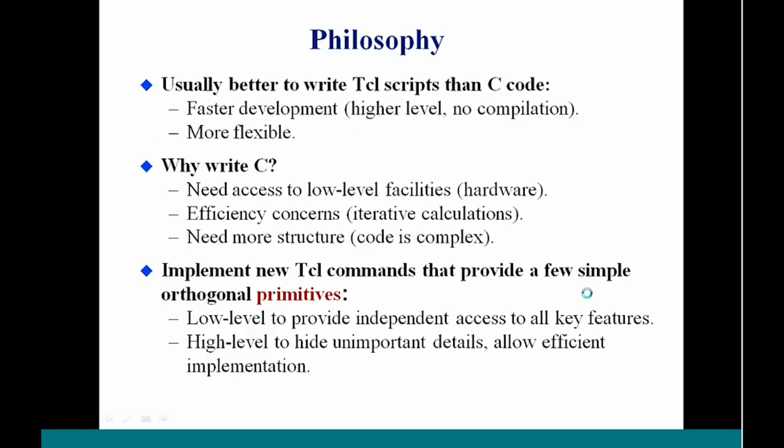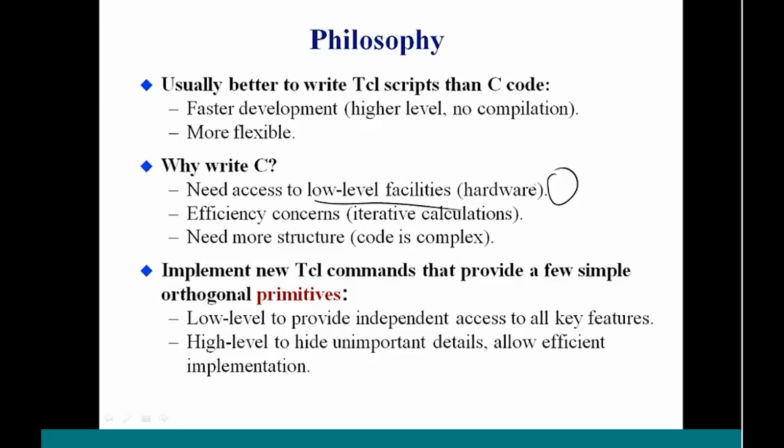And why do we write it in C? This is something that we also talked about earlier. We need to access the low level facilities, that is, hardware resources can be managed. In fact, malloc is a memory allocation in C that specifically goes to the heap and actually allocates the memory.